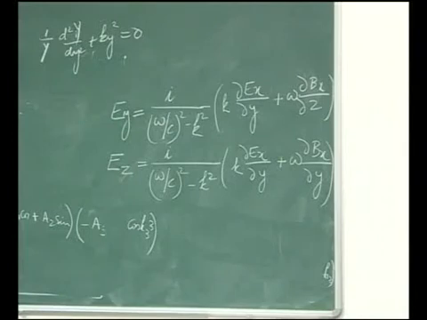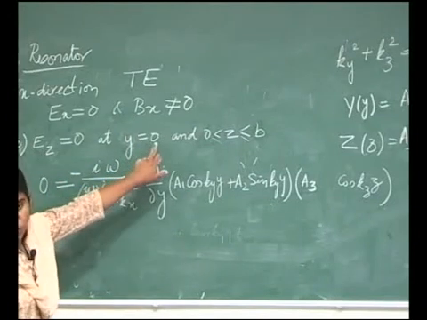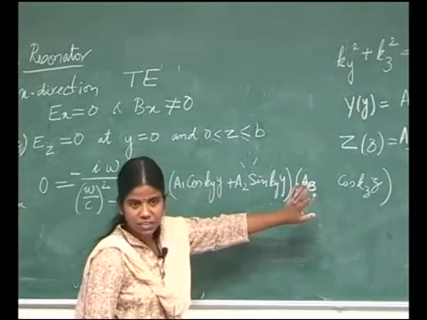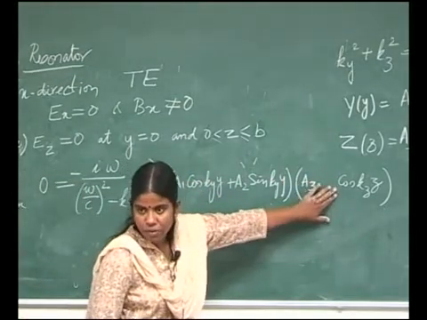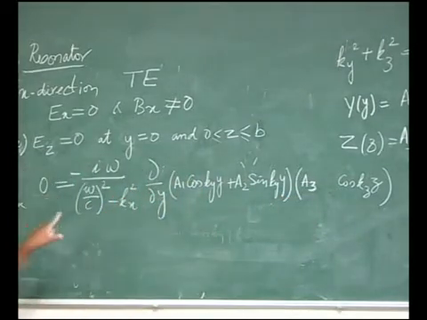Now I differentiate this with respect to y. Again you see that my Ez is 0, and I want to evaluate at y is equal to 0. But now my z component will not be 0. So definitely a3 will not be 0 in this case.